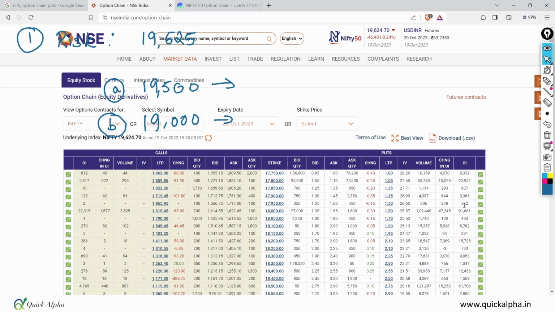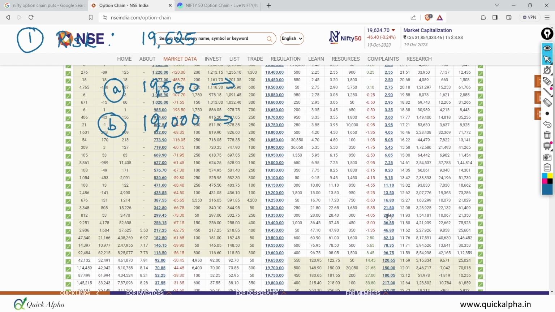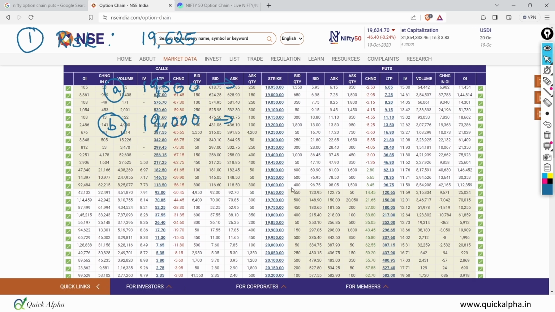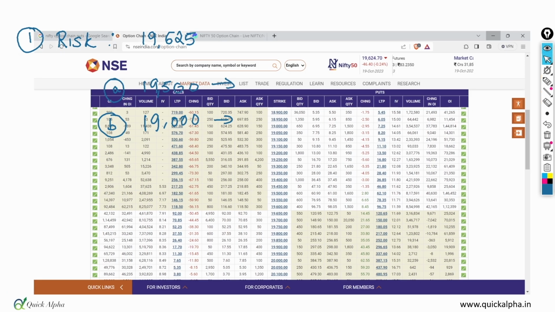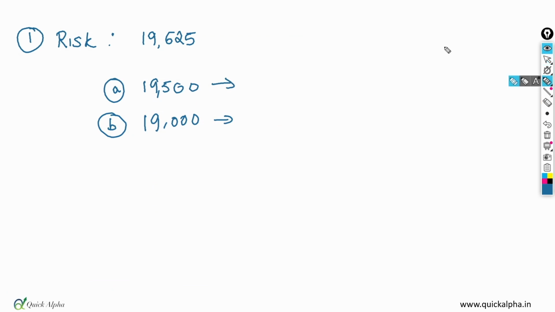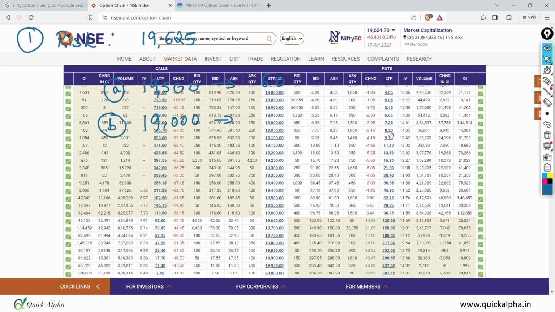Now we are going to take a look at the option chain and look at the premiums. So only look at the strike and the LTP. When you take a look at the 19,500 put option, it is trading at 60 rupees. So the premium the buyer has to pay for a 19,500 put option is 60 rupees. Whereas the premium the buyer has to pay for a 19,000 option is around 7 rupees.